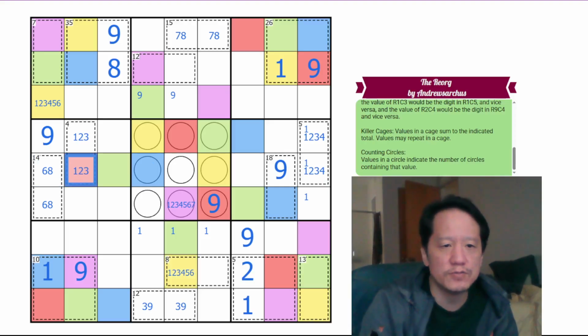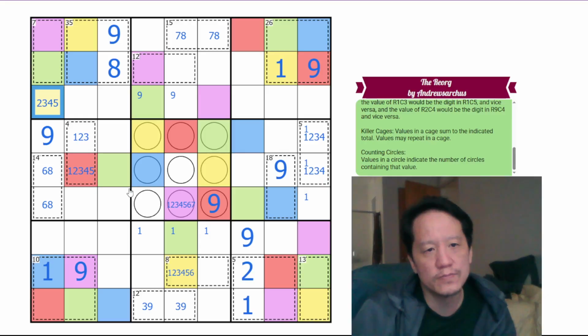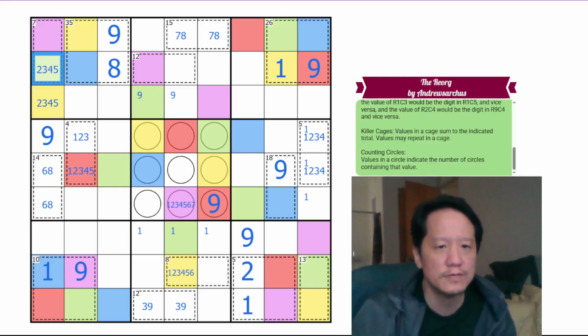Same with this. This can't be 6 because of a 6-8 pair. And this can't be 1 or 6. Aha. Interesting. So the value of these two cells must add up to 7 without 1 or 6 available. So this is 2, 3, 4, 5.